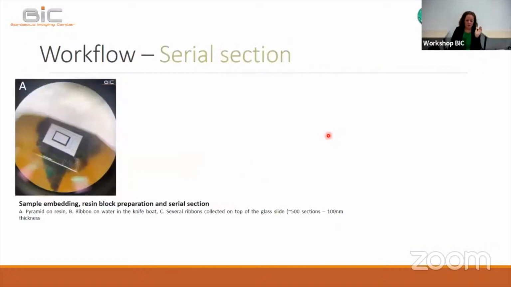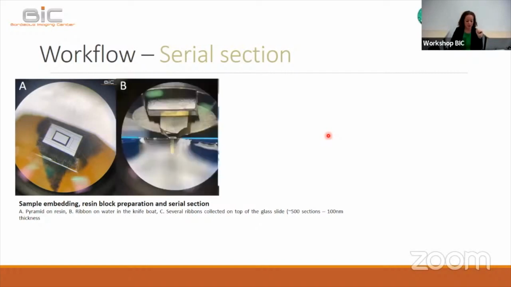The common part is that you have to do serial sectioning, so it's the tricky part of the technique. So here, the first step is to make a pyramid. So we use a trimmer of 90 degrees to have a very clear shape of the block.